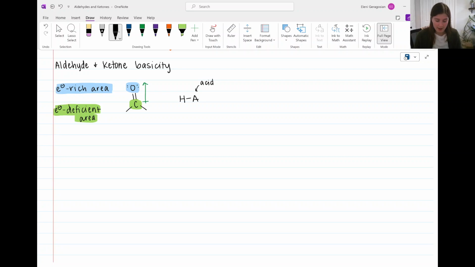So let's look at what happens, and we'll look at a specific example. We'll start with acetone. We'll use hydronium, H3O+, emphasizing that hydrogen to oxygen bond.